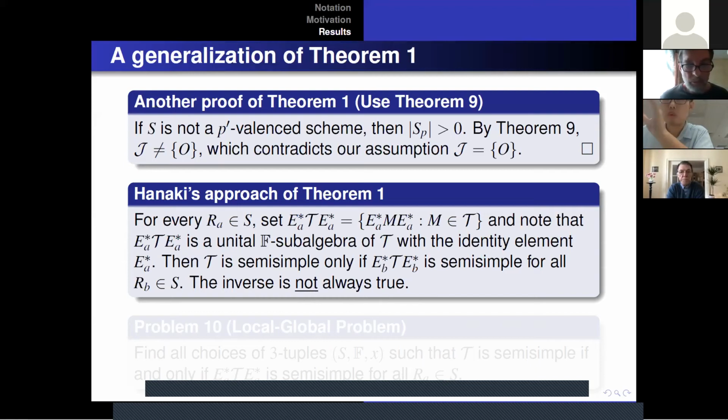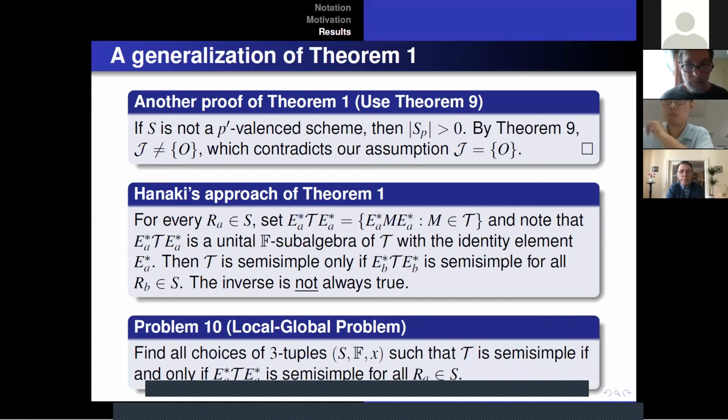Now, I want to consider the following problem, which is implicitly mentioned by him in his paper. We want to find all choices of the 3-tuples S, F, and X, such that T is semi-simple if and only if for all R_A belonging to S, E_A* T E_A* is semi-simple.